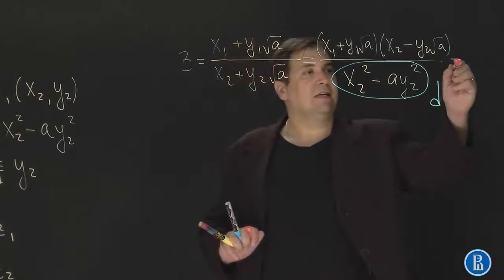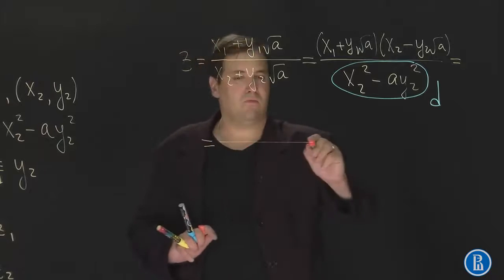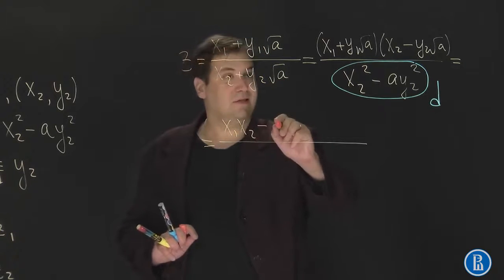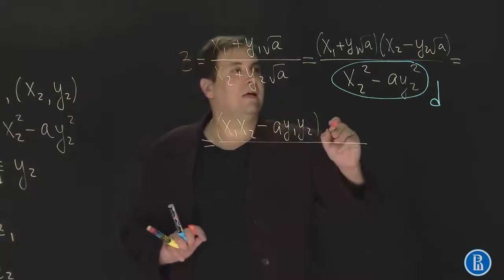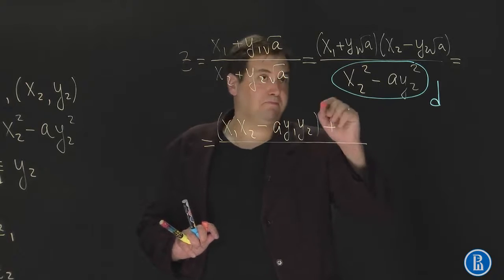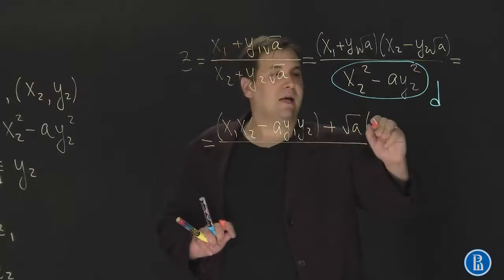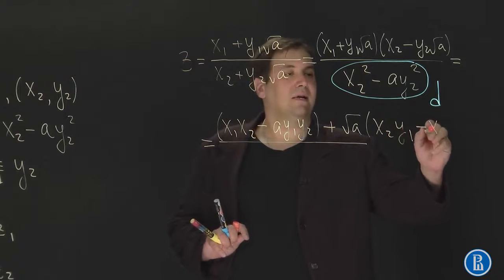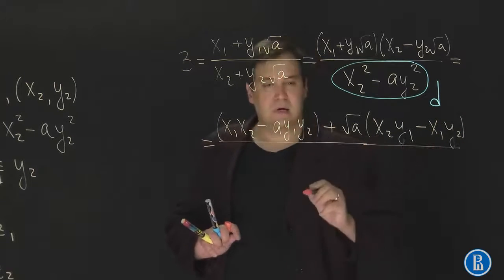And in the numerator we will have x1 x2 minus a y1 y2, say, plus square root of a multiplied by x2 y1 minus x1 y2, over d.